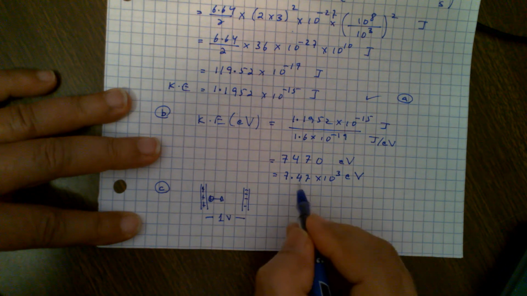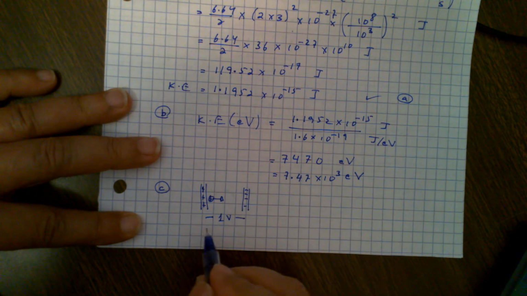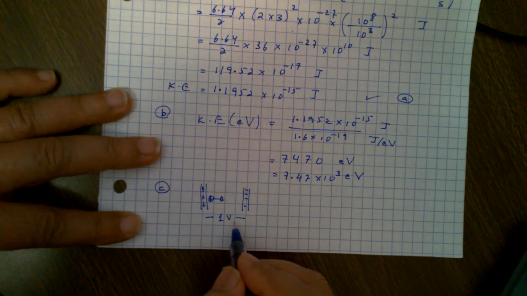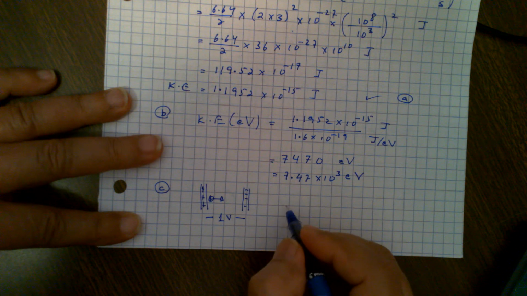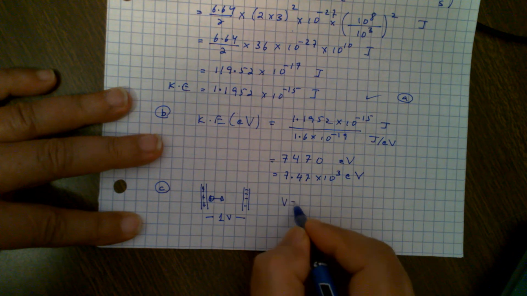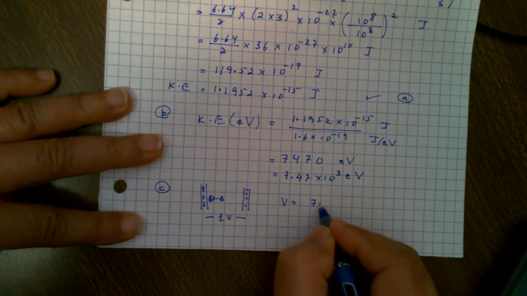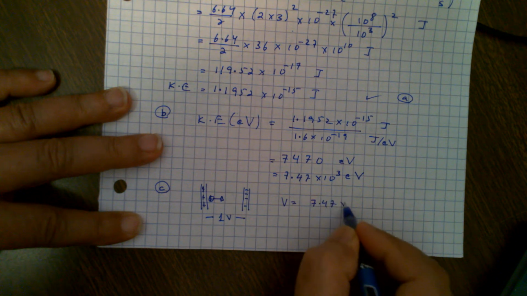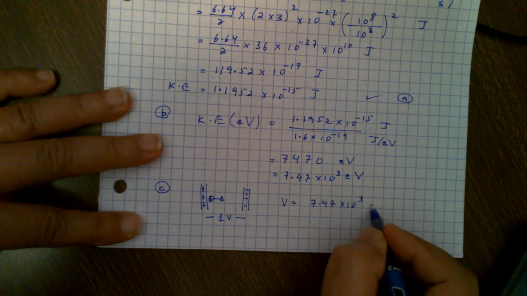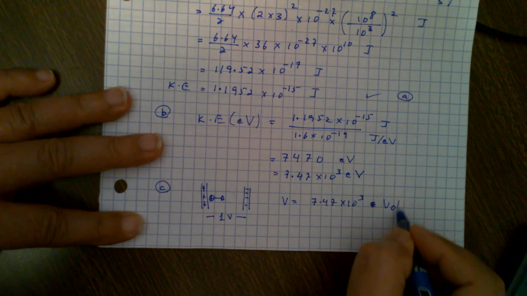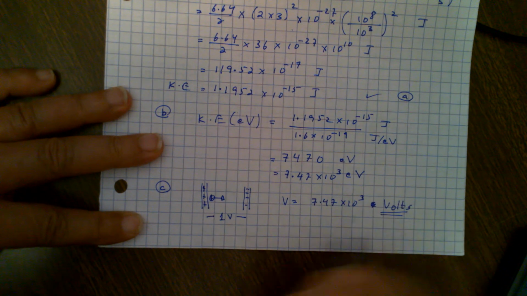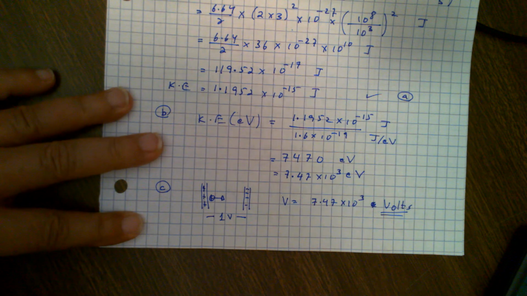So that means if you have this much electron volt, then the voltage it needs is also this much volt. So the voltage difference you need is 7.47 times 10 to the power 3 volt. That's what you need. All right?